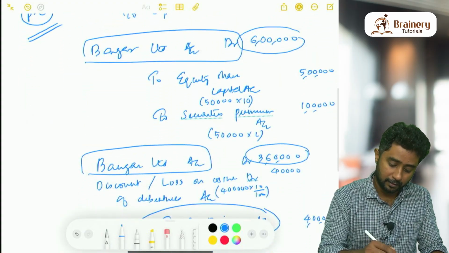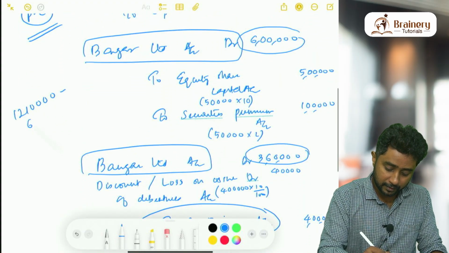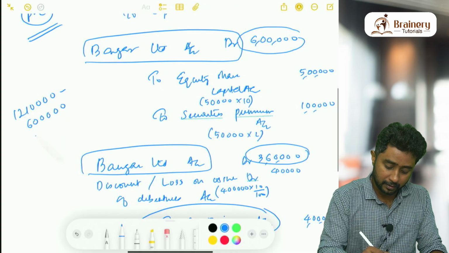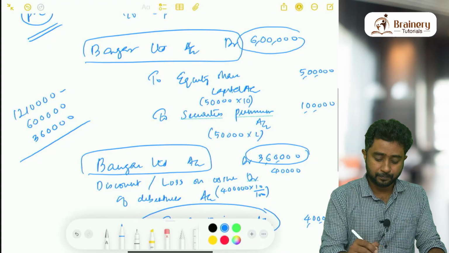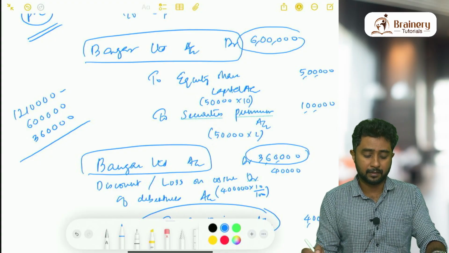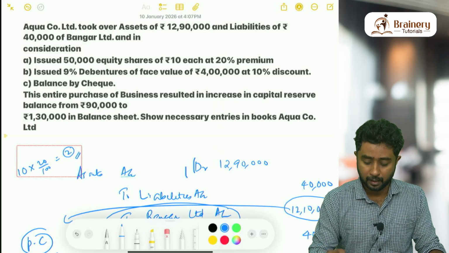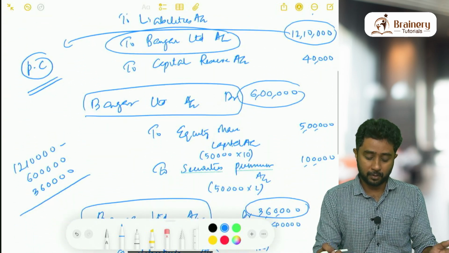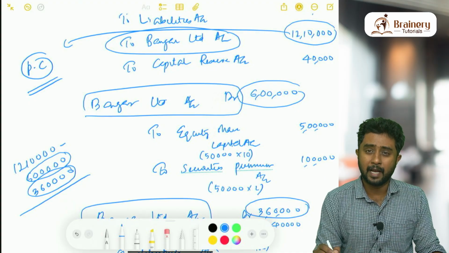Now totally we had to pay 12,10,000. In that 6 lakh we have paid using shares, 3,60,000 we have paid using debentures. That means the remaining amount, when we come to the last adjustment, balance by check can be found by deducting the amount which we already paid using shares and debentures.